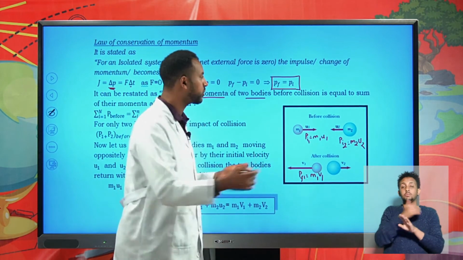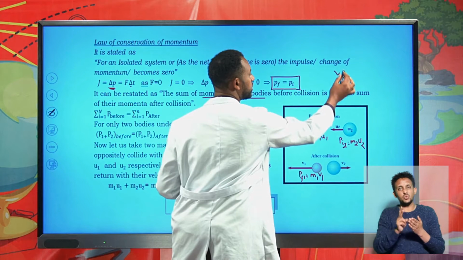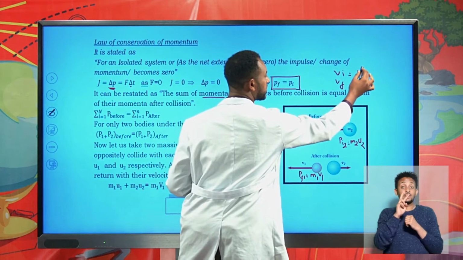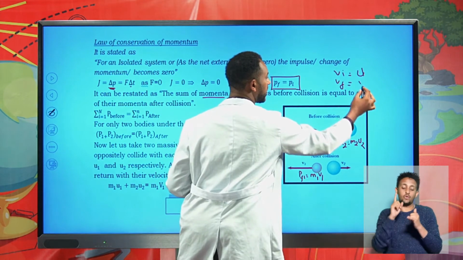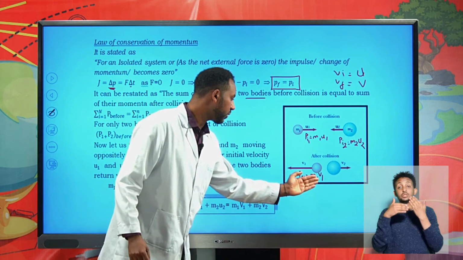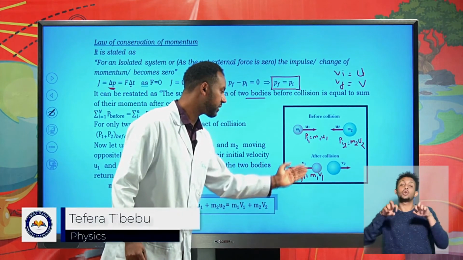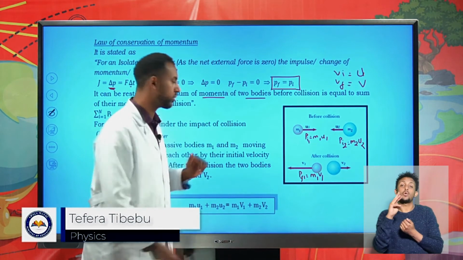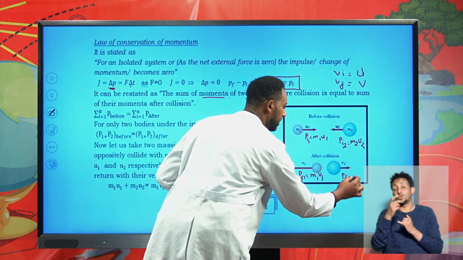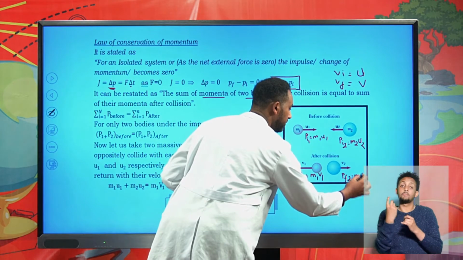Before, in kinematics, we used v initial and v final, but now the initial velocity is expressed as u and the final velocity as v. Therefore, m1 v1 is the momentum of mass 1 after collision, and the final momentum of mass 2 is m2 v2.